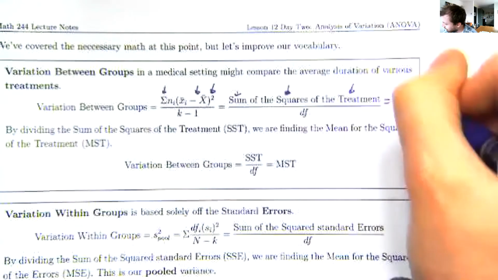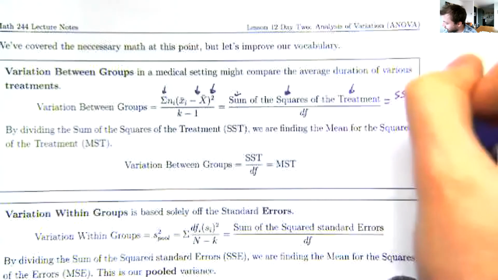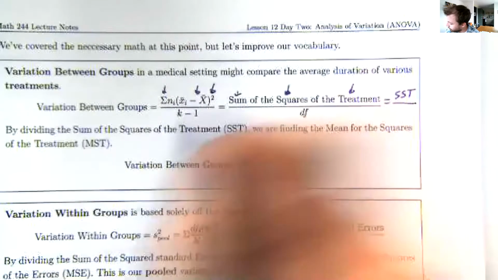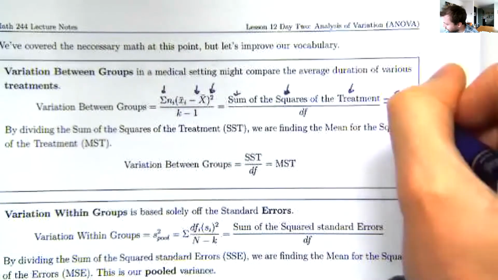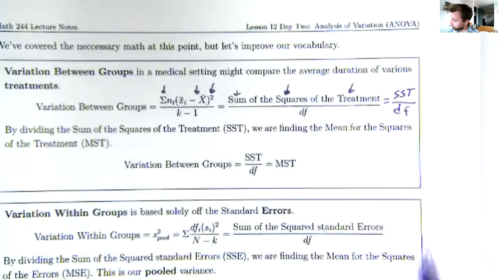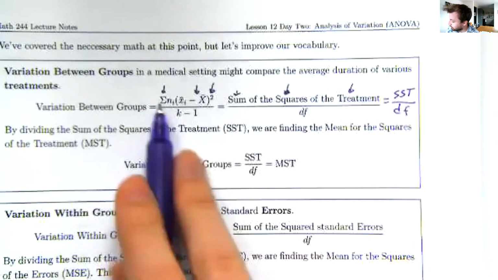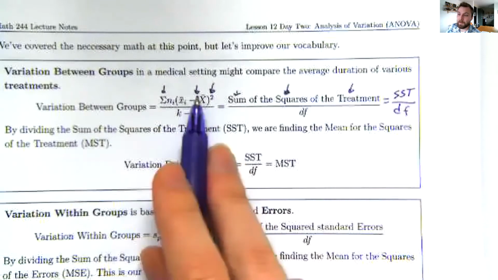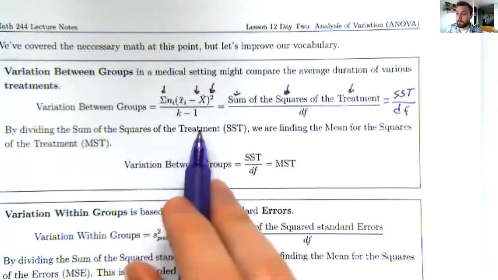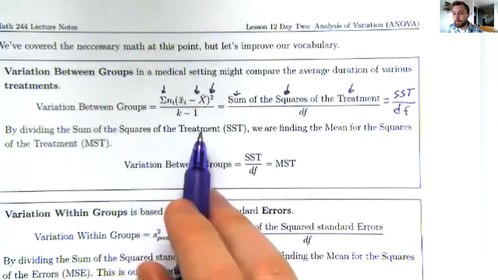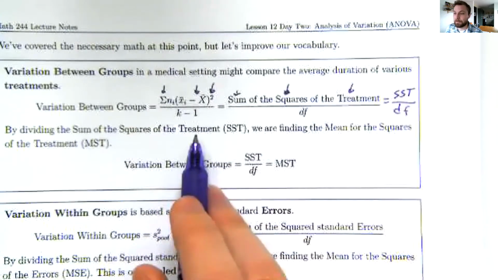I abbreviate this as the sum of the squares of the treatment, SST, and I divide this by k minus 1. K minus 1 is my degree of freedom. When I do this division, I've taken this total and I'm dividing it by the number of terms in some sense. And when I take a total and divide it by the number of terms, I actually calculate an average or a mean.